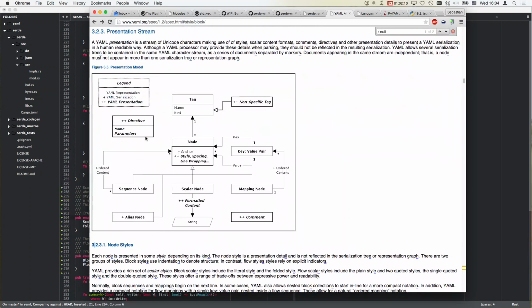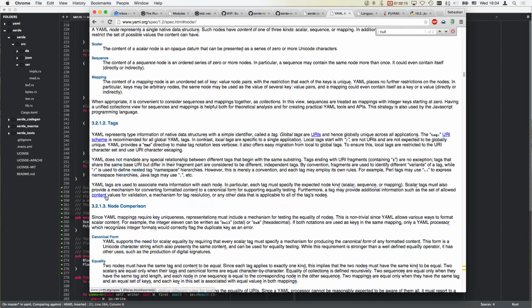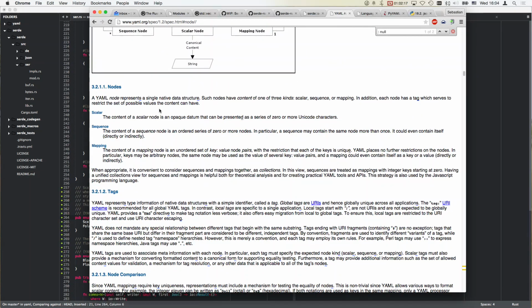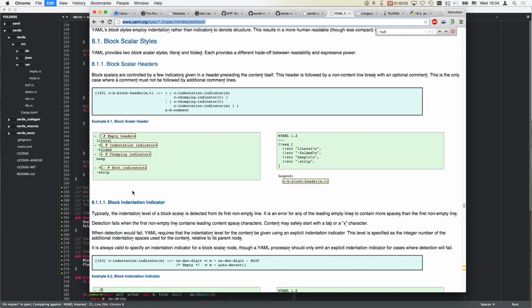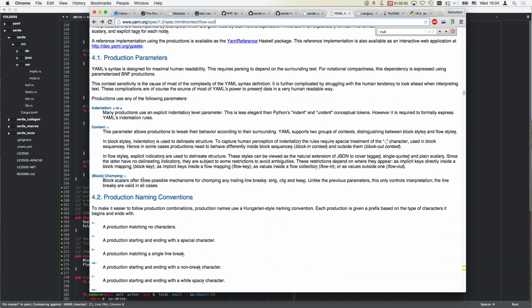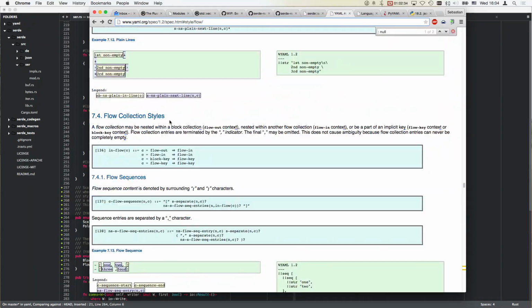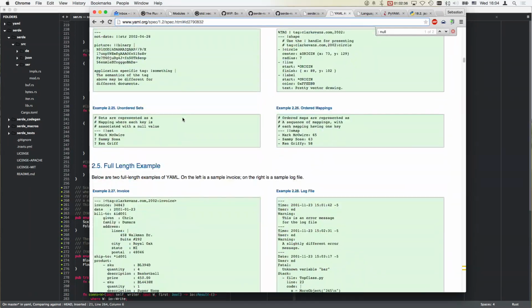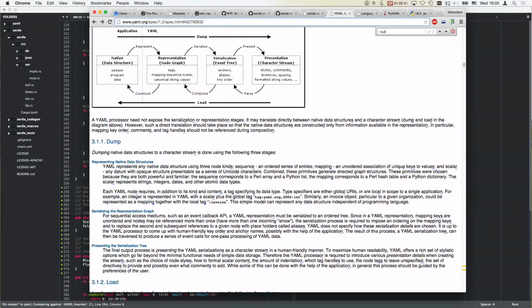Oh no. Why is there no link here? Block styles. There must be some way to link there. There actually seems to be no way to link there.